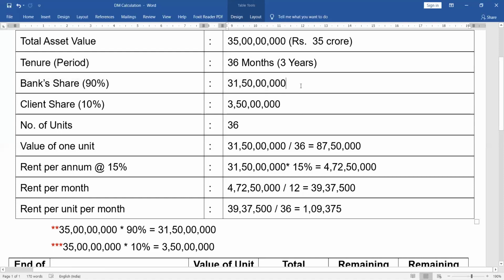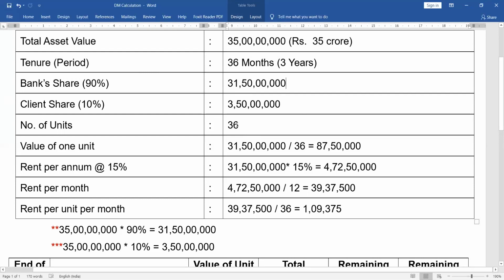Now this share will be divided into units so that the customer can purchase these units. The agreed period is 36 months or 3 years. Every month the customer will purchase 1 unit. So we have divided it into 36 units.